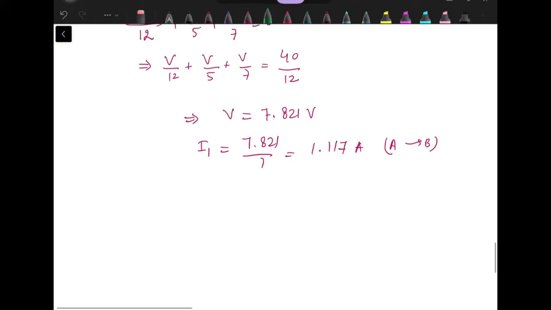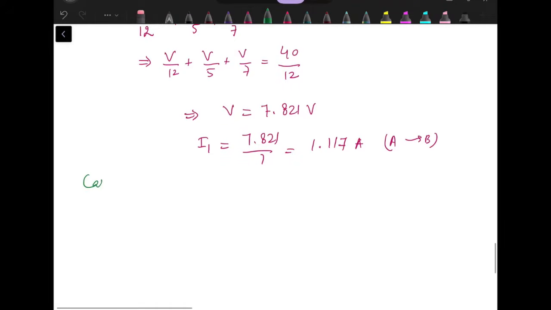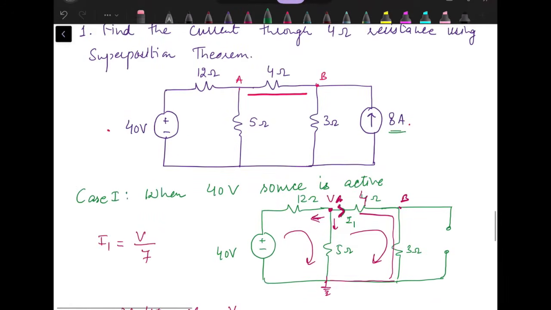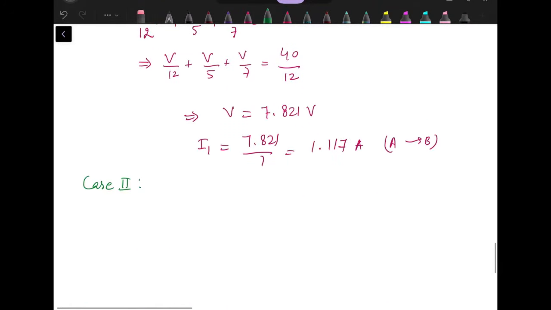Then we have the second case, case 2. Now what is case 2? When only the 8 ampere source is active.